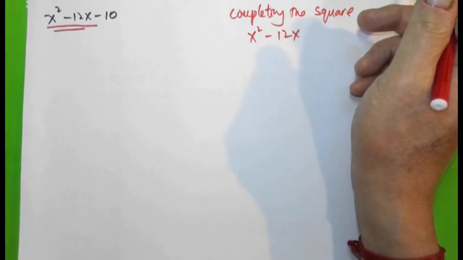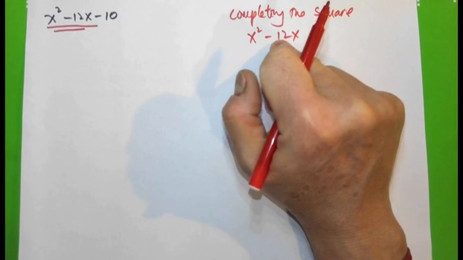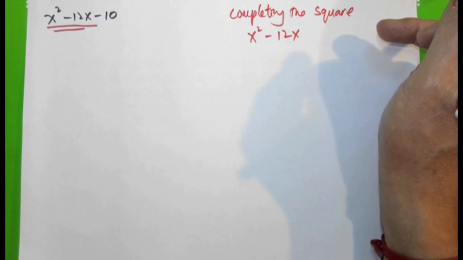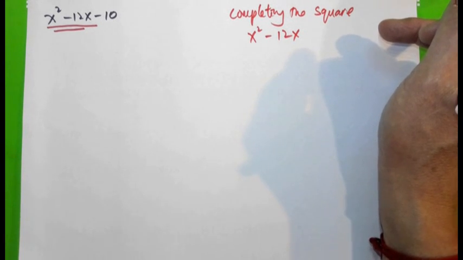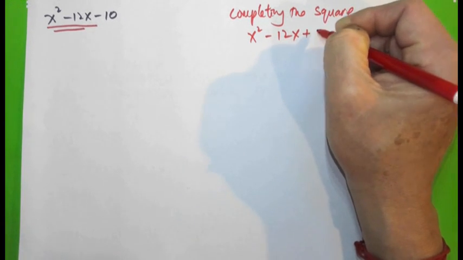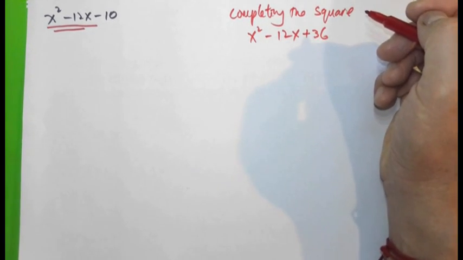Remember, we take half of this and then square it. What is half of minus 12? Minus 6. Squaring minus 6 is actually plus 36. So we have completed the square.